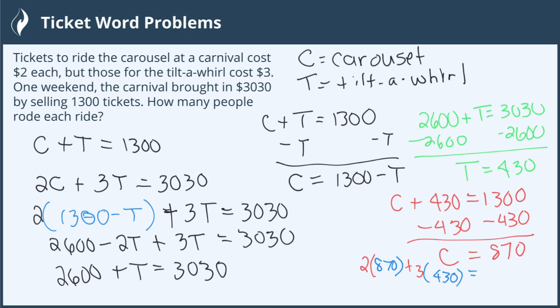If we do the calculations, does it equal 3,030? 2 times 870 equals 1,740. So this becomes 1,740 plus 3 times 430, which is 1,290. If we add that to the 1,740, do we get 3,030? We do. So therefore we know that it works, and we've checked our answer.